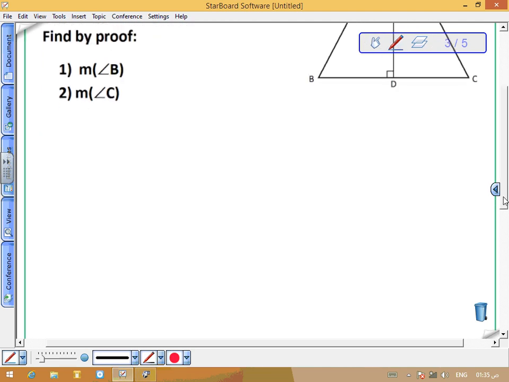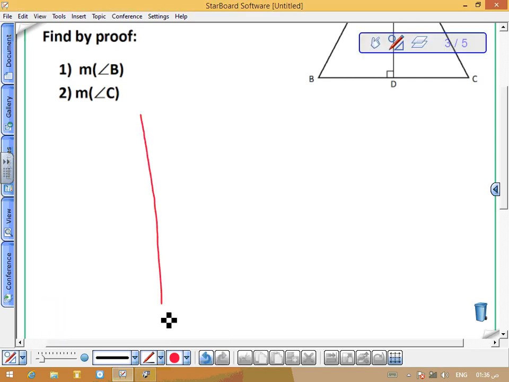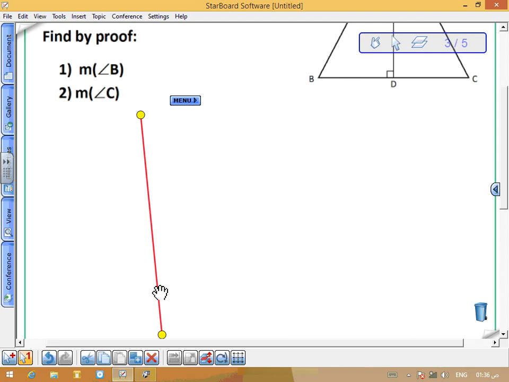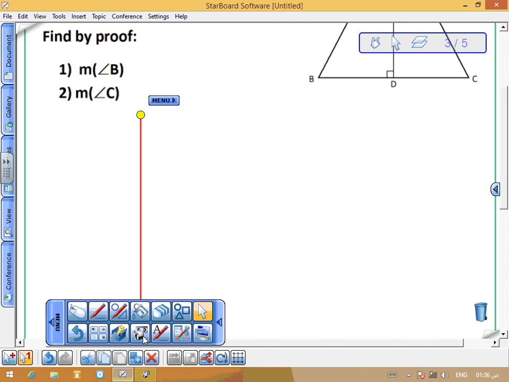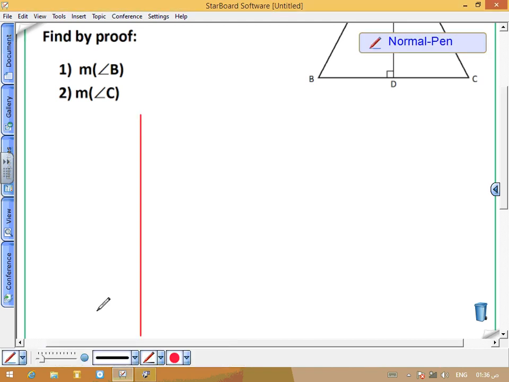As we agreed, we start by drawing line like that. Start by writing the given. What the given?